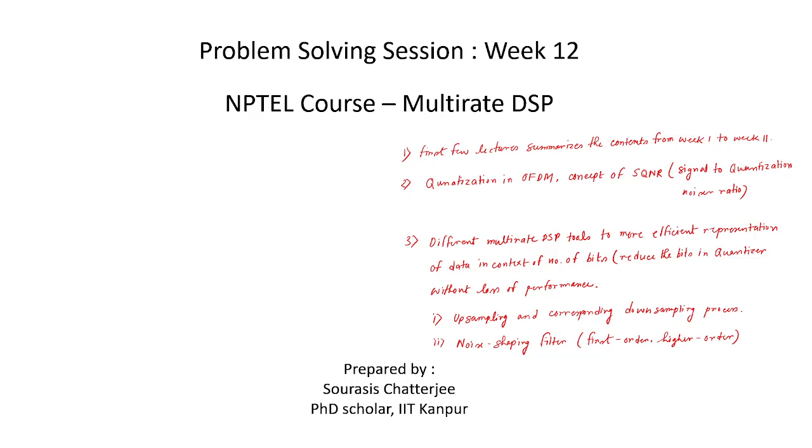Multirate DSP has many weapons in its arsenal. How can we use them efficiently to facilitate the quantization in terms of reducing the number of bits in the quantizer to achieve a more efficient representation of data? So that is our main goal, and we are going to see how to achieve it.